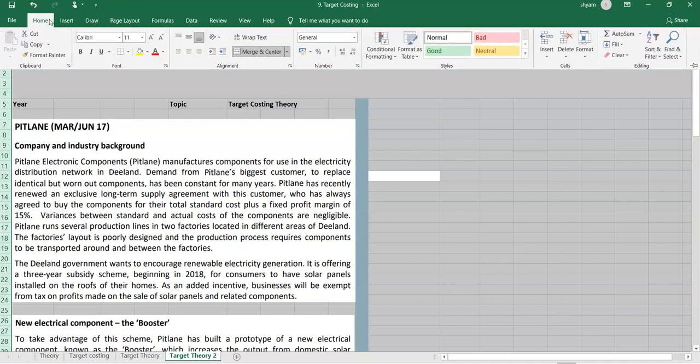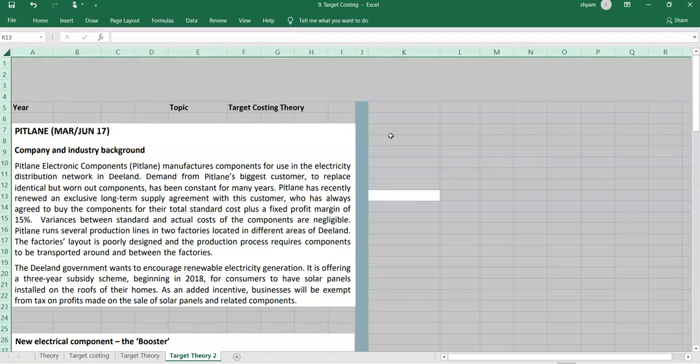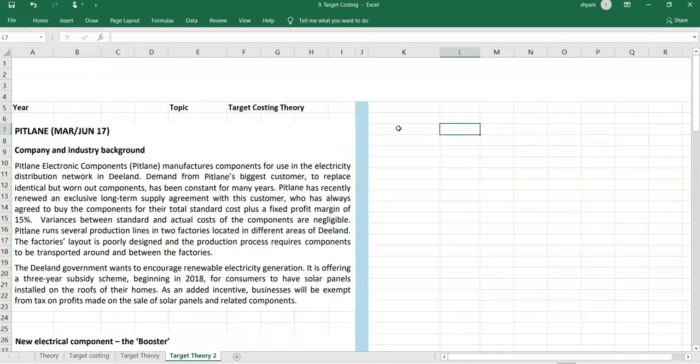Whenever we read, if we have any points, we'll just mark it. So we'll have two elements here.